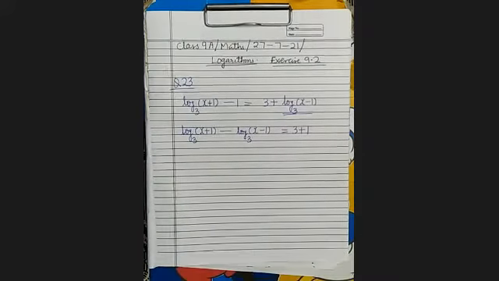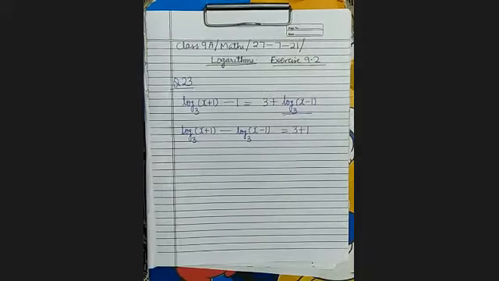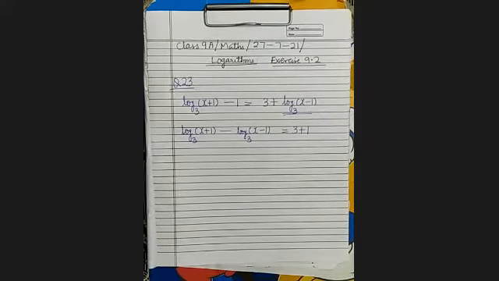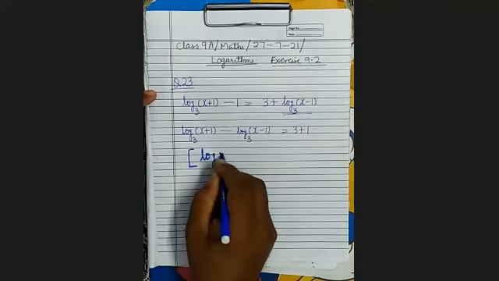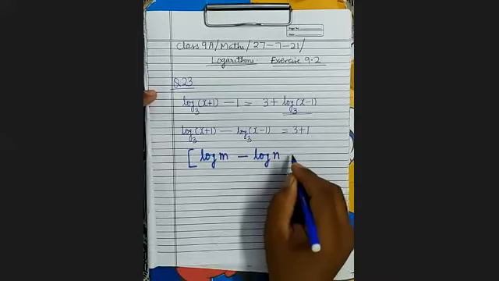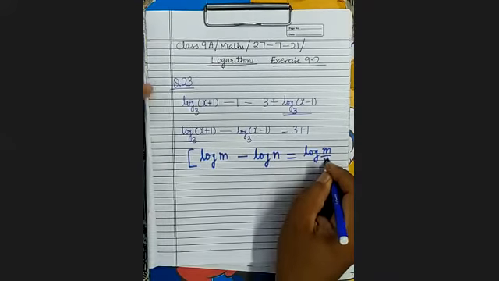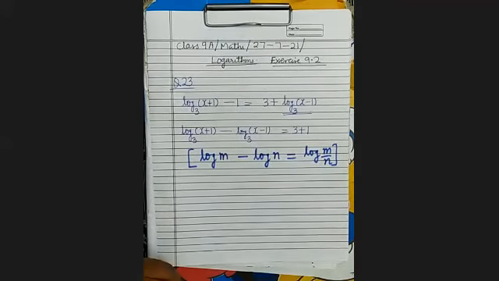Now here which logarithmic law you will apply in left hand side? कौन सा law apply करेंगे? We will apply this log m minus log n equals to log m upon n. This is the quotient law of logarithm.